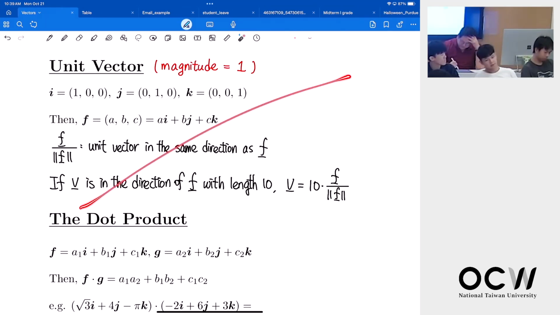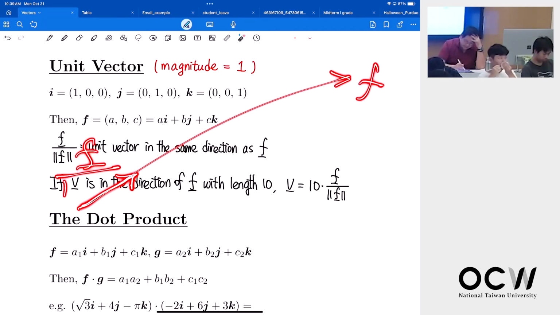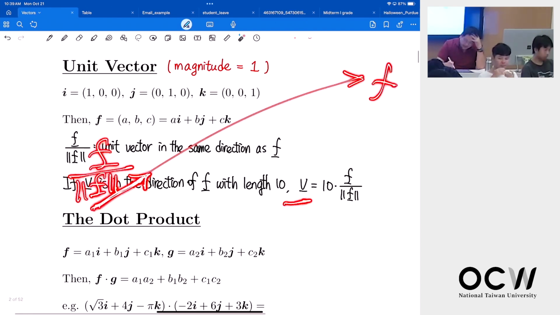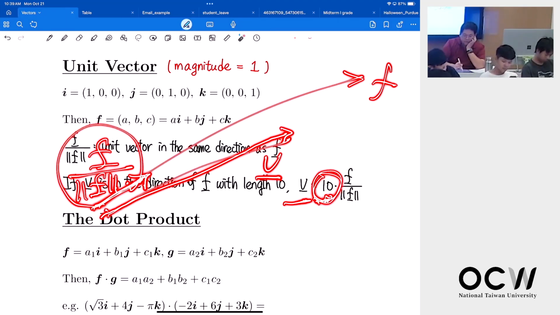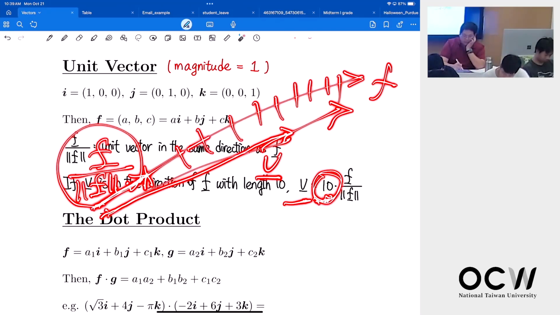So suppose this is f, and we know the unit vector here is f divided by the magnitude. Now I have another vector v. It is still in the same direction of f, but the length is 10, so maybe v is here. Same direction, and the magnitude is 10, 10 of this unit vector. So it should be like 1, 2, 3, 4, 5, 6, 7, 8, 9, 10. Then this is your v.